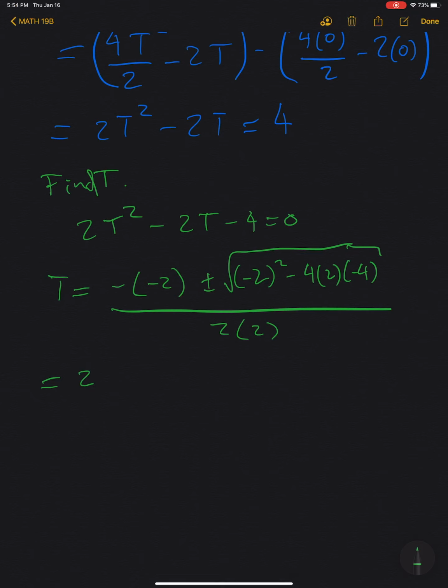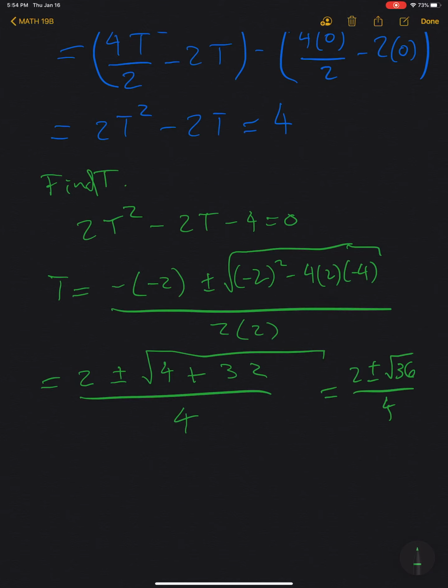That will give me 2 plus or minus the square root of 4 minus, well, this will become a plus because I have this minus and this minus. So that will give me a plus in the end. And I would have 4 times 2 times 4, that would be 8 times 4, that would be 32, divided by 4, the whole thing. So this gives me 2 plus or minus the square root of 36 divided by 4.